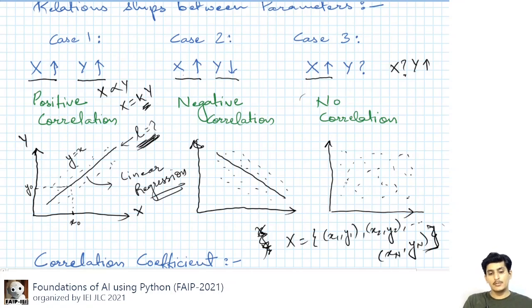This is the first concept to learn about linear regression. So, what is linear regression? It is to identify this line L. If you can identify this line L, that is exactly what we want to do with linear regression. Is that okay?